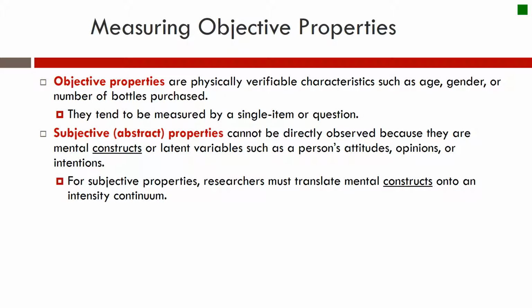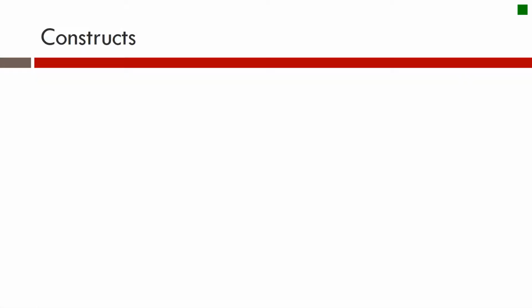So for subjective properties, we have to translate the mental idea that's going on into some type of measurable medium, so we can move forward. We typically ask several questions when creating some type of construct.